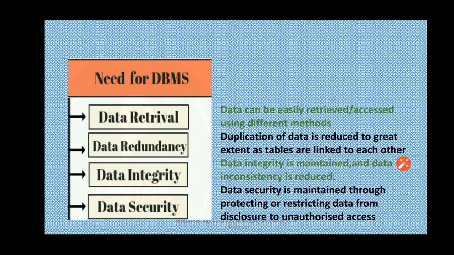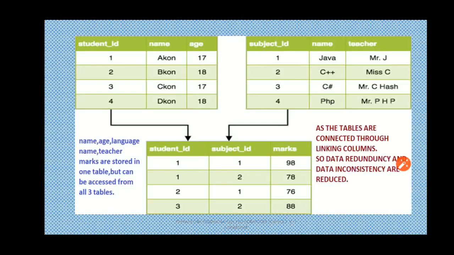Data security is maintained by protecting or restricting data from disclosure to unauthorized access. By using a proper DBMS system, you can give or take back the access to a particular information from the users. So definitely data security is also high if you use a proper DBMS system.